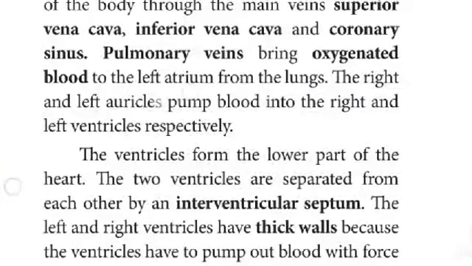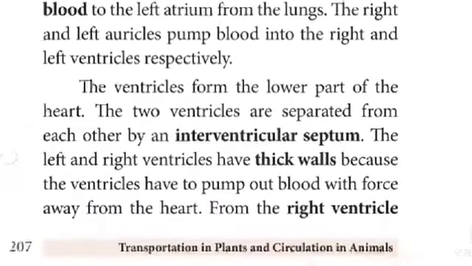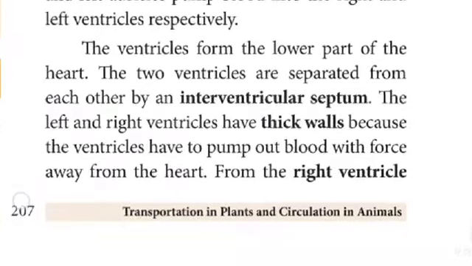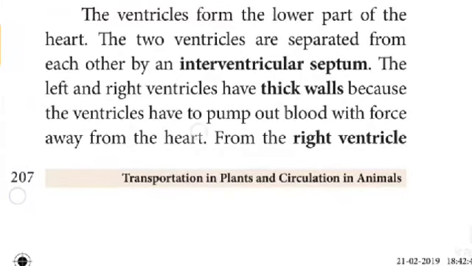The right and left auricles pump blood into the right and left ventricles respectively. The ventricles form the lower part of the heart. The two ventricles are separated from each other by an interventricular septum. The left and right ventricles have thick walls because the ventricles have to pump out blood with force away from the heart.